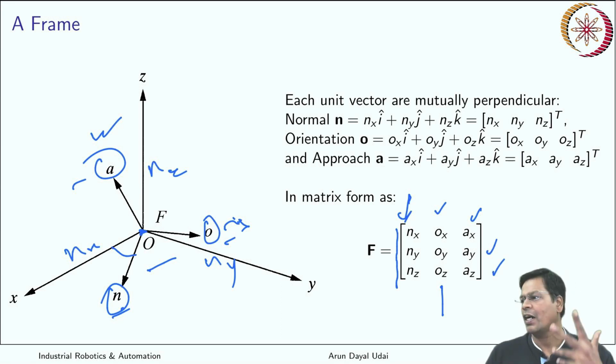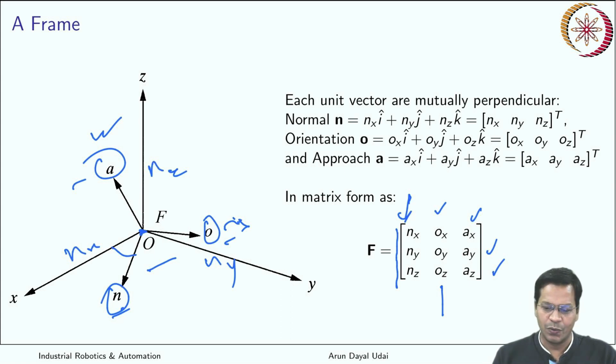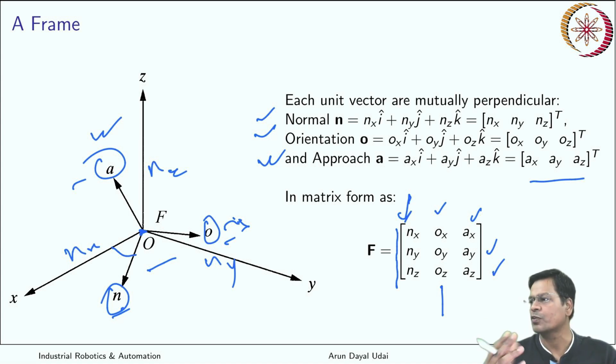All 3 are orthogonal vectors, put in matrix form like this. Altogether this is the matrix form for a frame. Normally they are the normal vector, orientation vector and approach vector. The transpose of each of these are vectors, and each of them is mutually perpendicular to the others.